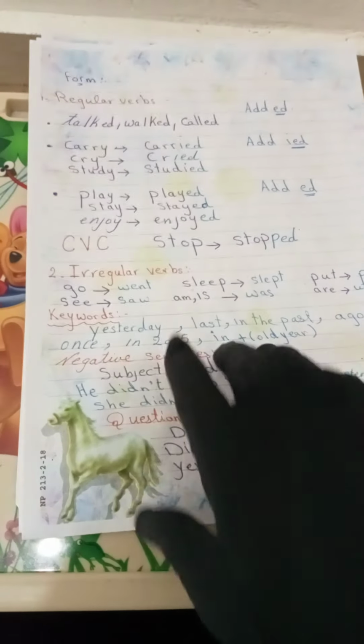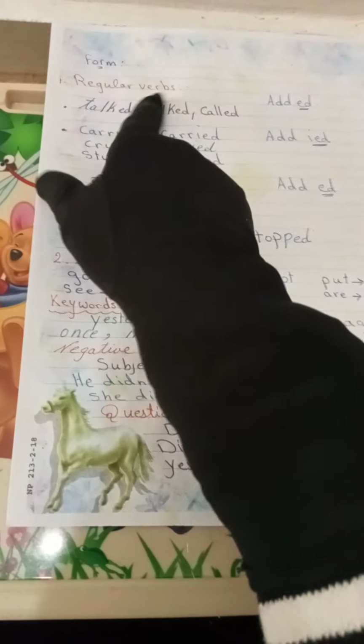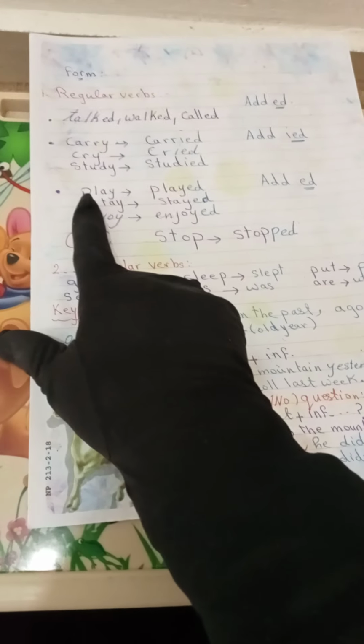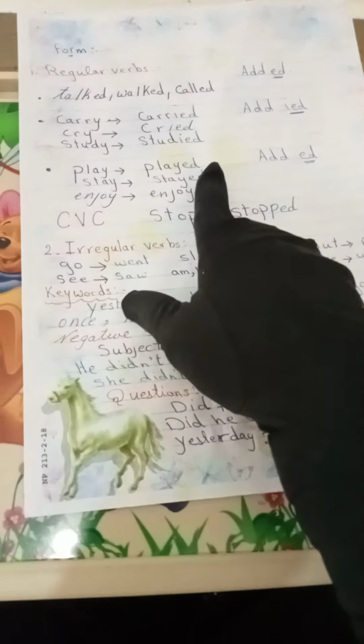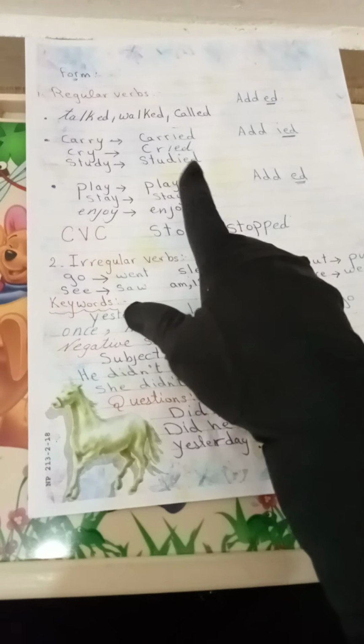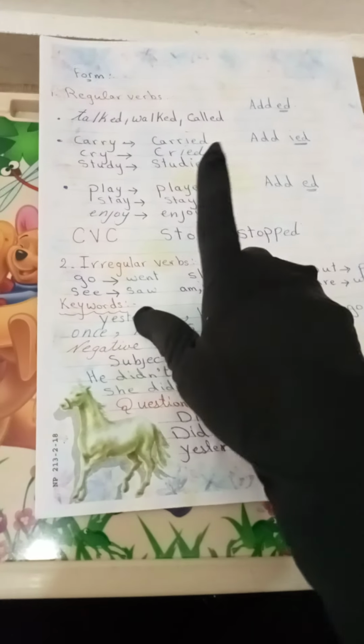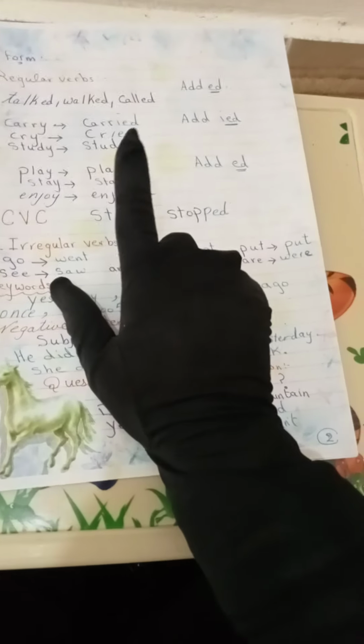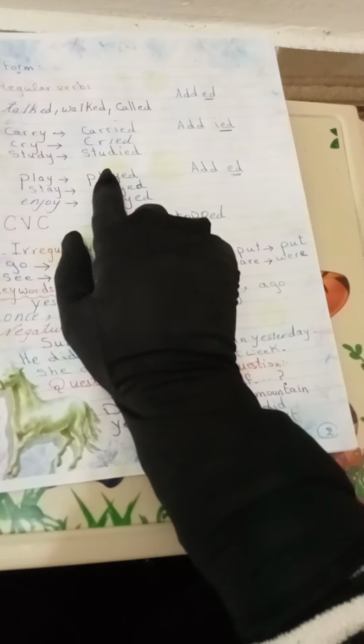Another way to form regular verbs: played. Here we add ed without omitting the letter Y, because the Y is preceded by a vowel, not a consonant.